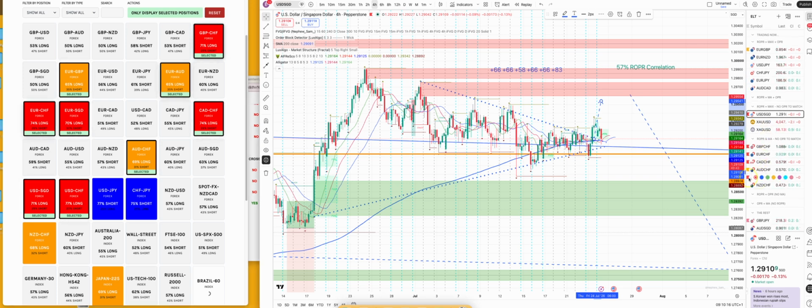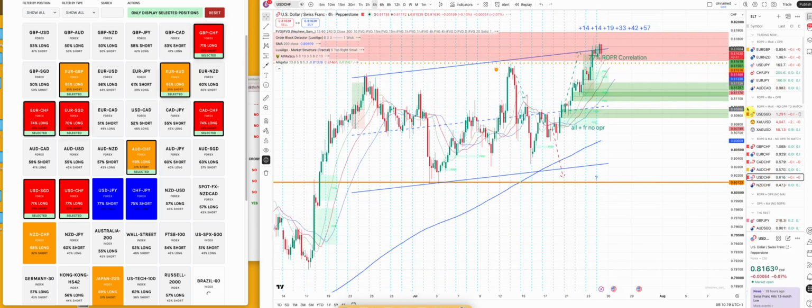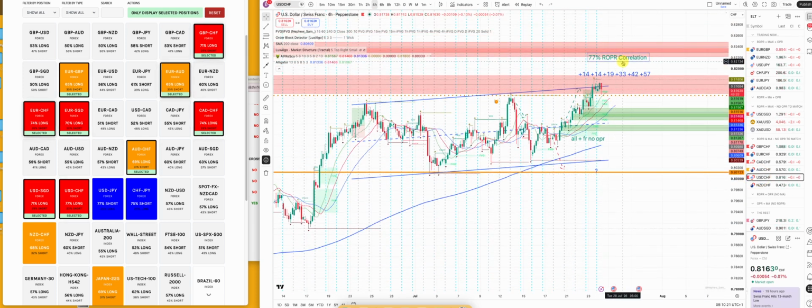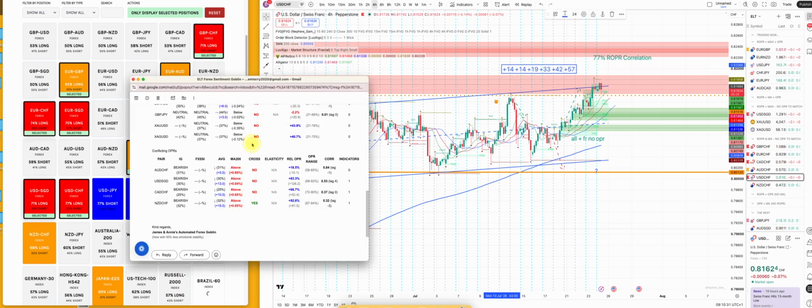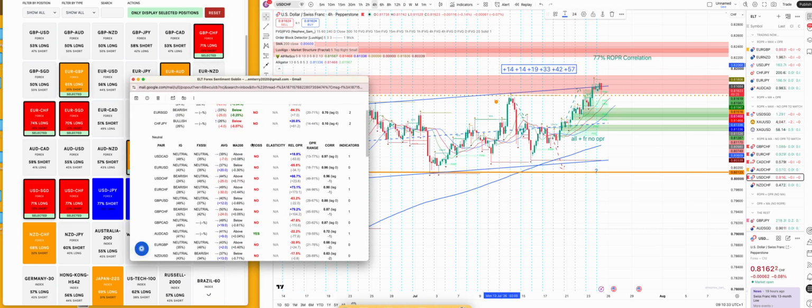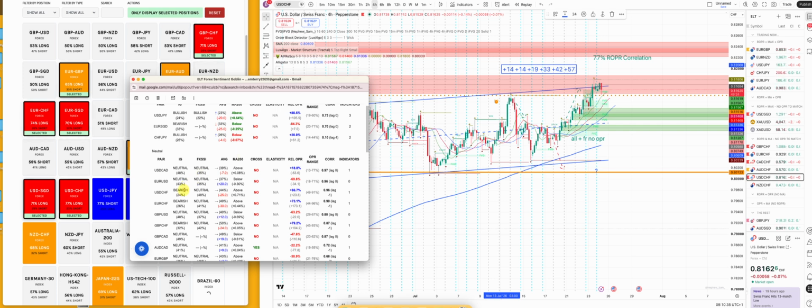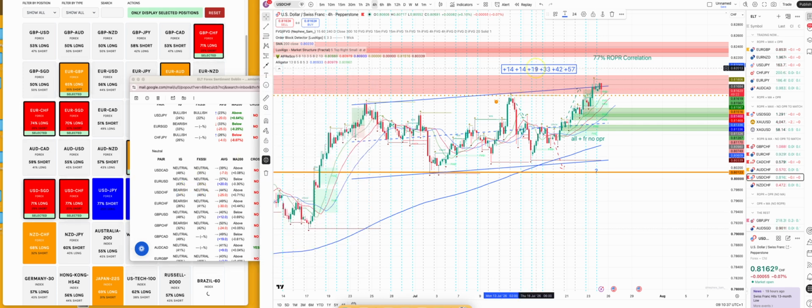The Swissy. Here we go. Let's have a look at the numbers. Bearish, neutral, plus 66.